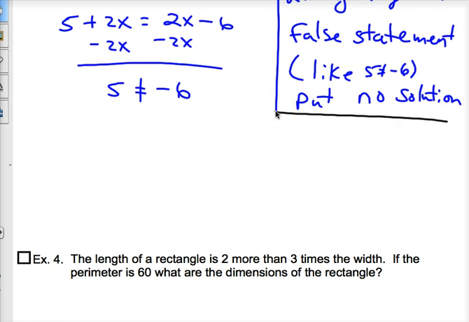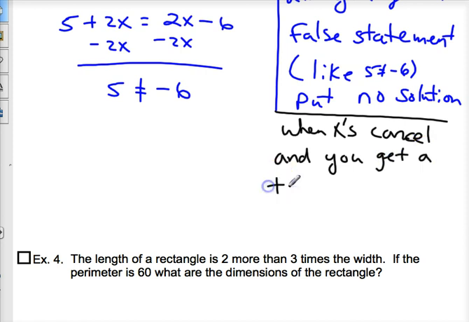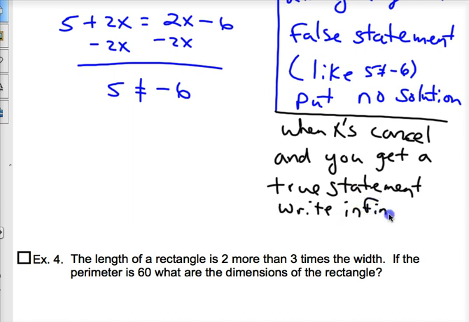There's one other thing that can happen here. X's could cancel, and you could get a true statement. When that happens, you need to write infinitely many solutions.